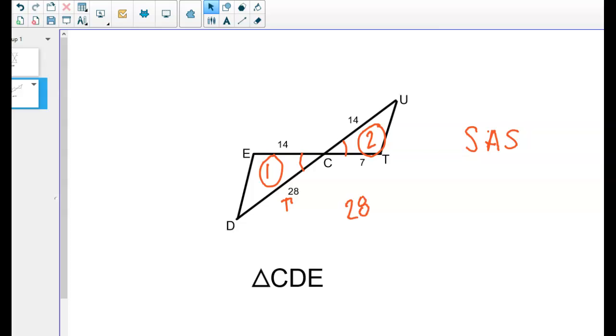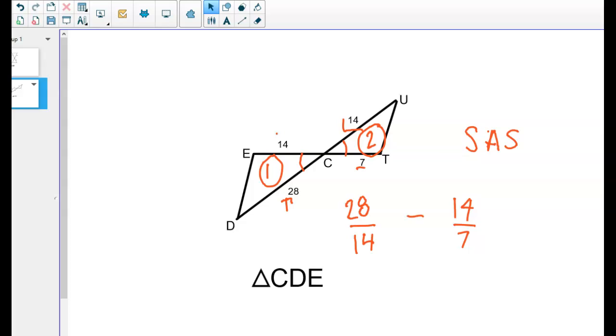Then I'm going to find the longest side of triangle 2, which is 14. So I'm going to put 28 over 14 for one of my ratios. For the other one, the shorter side on triangle 1 is 14, so that goes on the top, and the shorter side from the bottom triangle, 7, goes underneath.